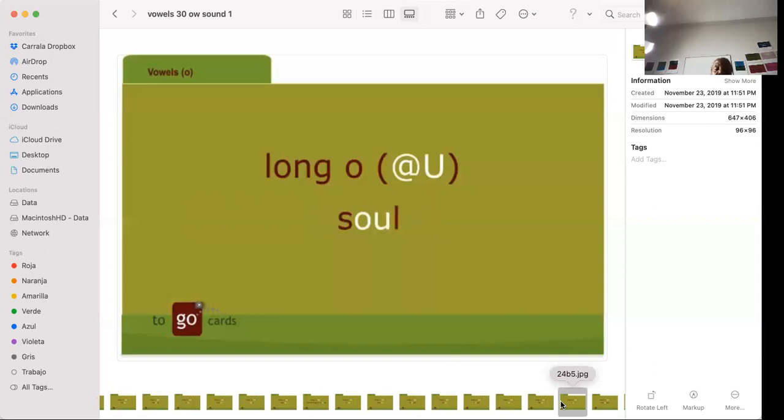Soul is a homophone, and it has two pronunciations. So it has two spellings, S-O-U-L, that's the soul. Well, it's not in one's body, but in Christianity, they talk about one's soul.